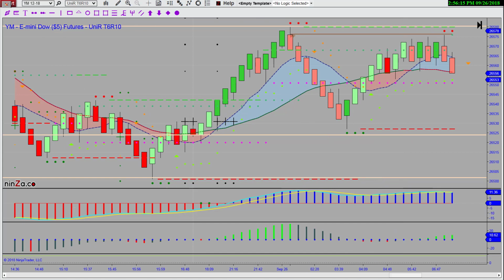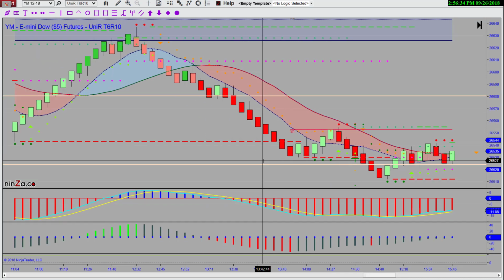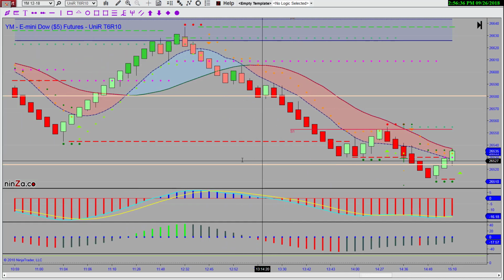Okay. Now, I've talked about what the indicators are. What I haven't talked about is how I use each of these.